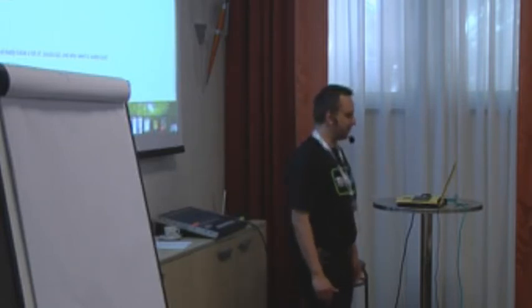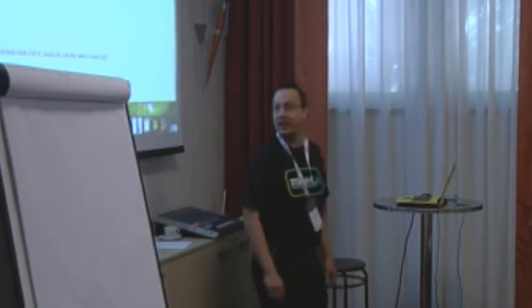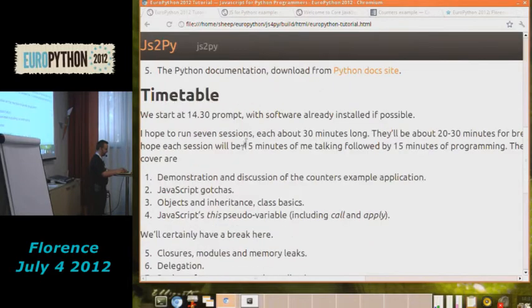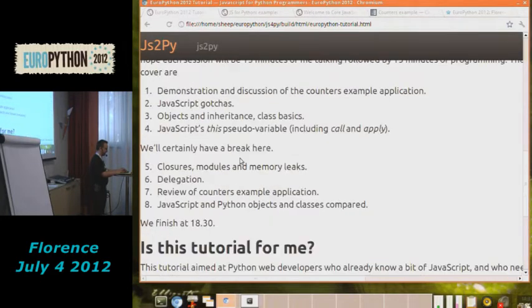But okay, the plan is like you can see on the screen. Sorry about that. Let's make it a little bit larger. So the plan is that we will first see some examples and describe them. Then we will go through a list of JavaScript gotchas that are really, really horrible, and you will learn to avoid them.